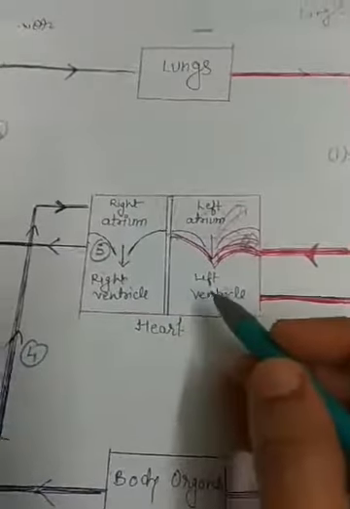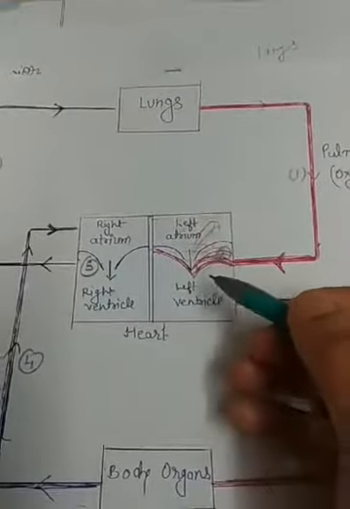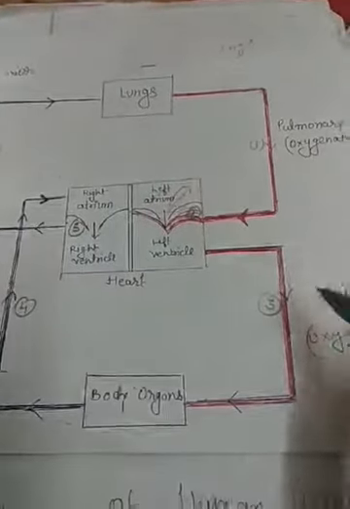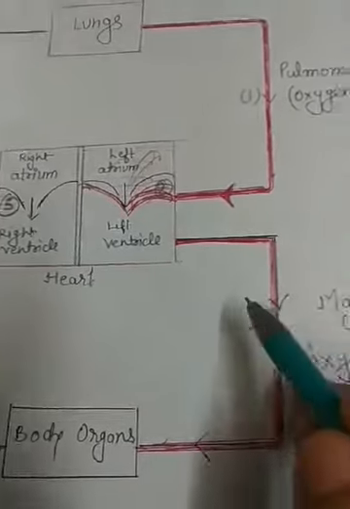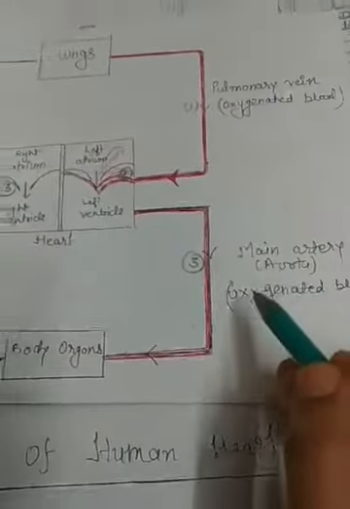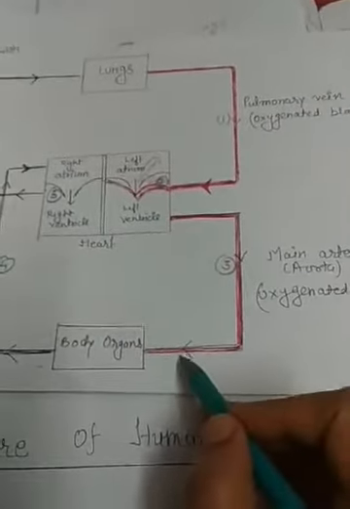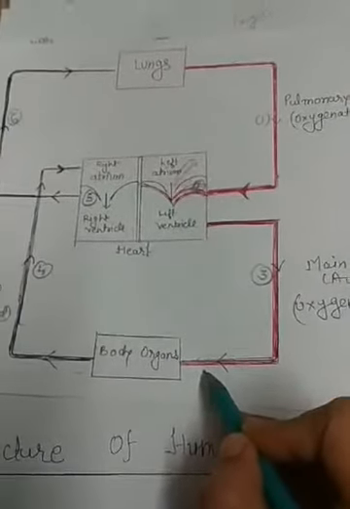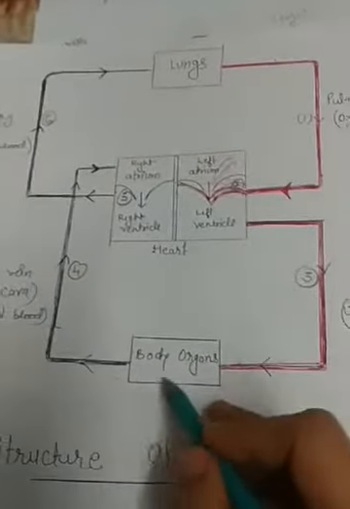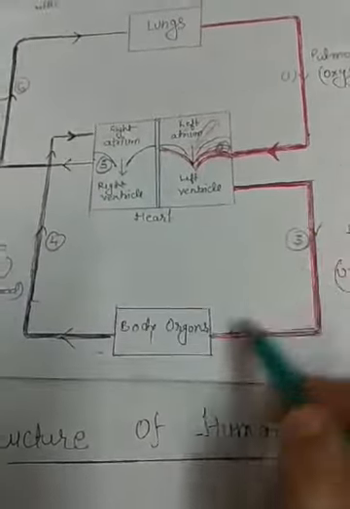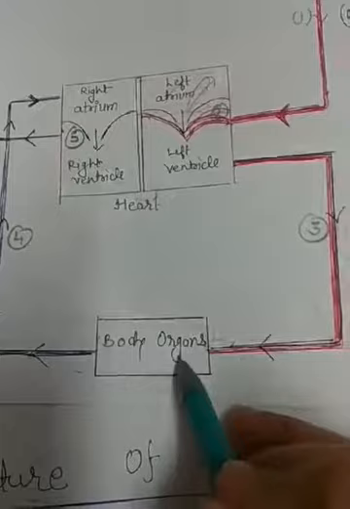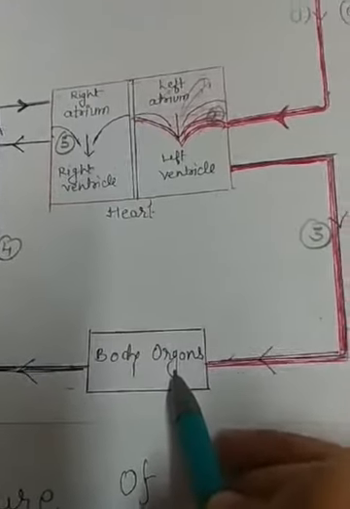Now, the arteries branch and go into different parts of body organs. Here you can see the arteries bring the oxygenated blood to all the parts of the body organs.